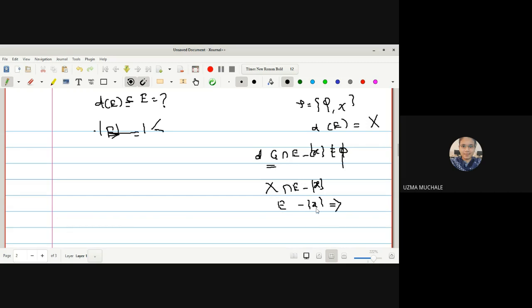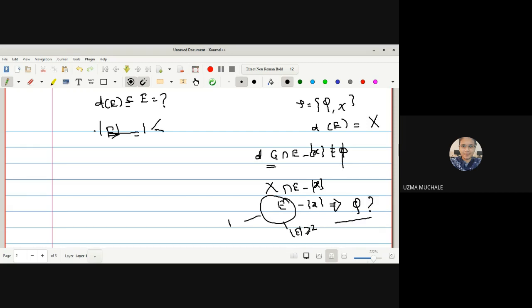This may be empty or non-empty; it depends completely on E. If the cardinality of E is equal to 1, and that one element is your x, it will be empty. So for cardinality 1, we have to discuss the cases. If the cardinality of E is greater than or equal to 2, this E minus {x} will be non-empty.